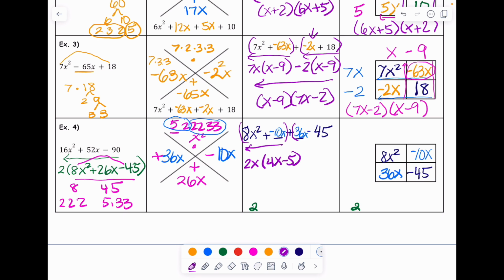And then on this one, the 36 is positive. So we will take out a 9, and we'll end up with 4x minus 5. And so we'll be able to take a 4x minus 5 out. Sorry, this is so delayed. And then we'll be left with 2x plus 9. Okay, but we have to remember that too. So when we write our factors, we have the 2 in front.